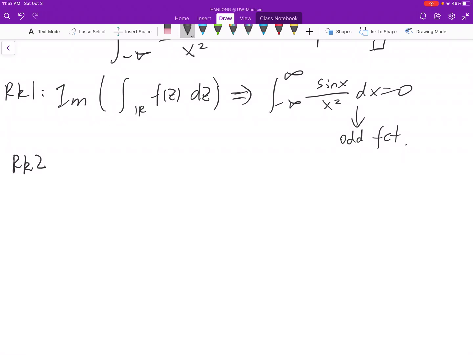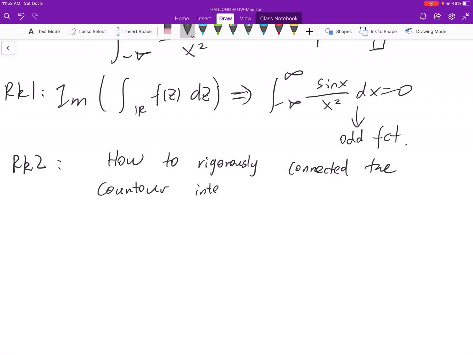And remark 2, so we actually did all the calculation, but how to rigorously state that we rigorously connected the contour integral to the real integral.